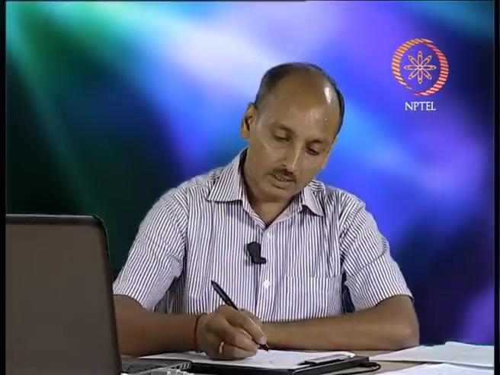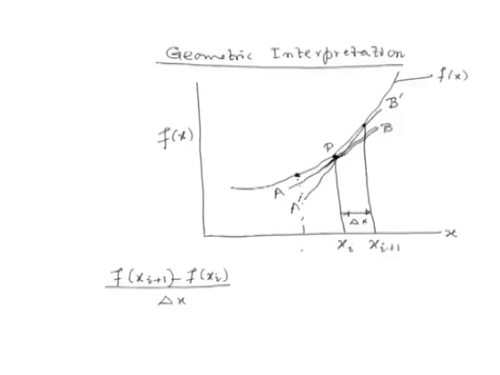The same thing we can say that, look, if instead of taking a point to the right of point xi, we can choose one towards the left, let us call it xi minus 1. Okay. And if you use the values here, these two values, let us join this point and draw a different line, let us call this A double prime B double prime.